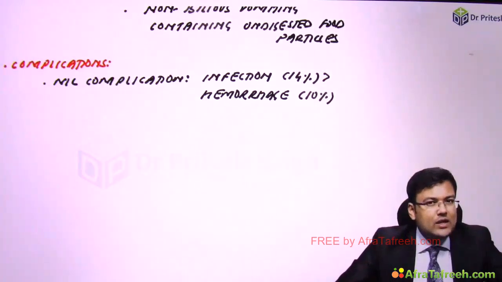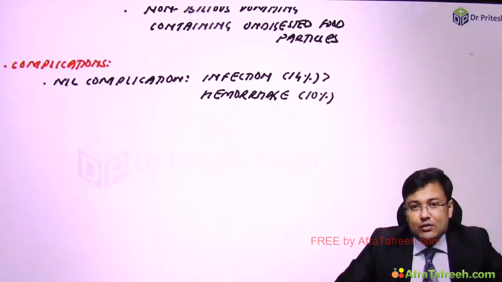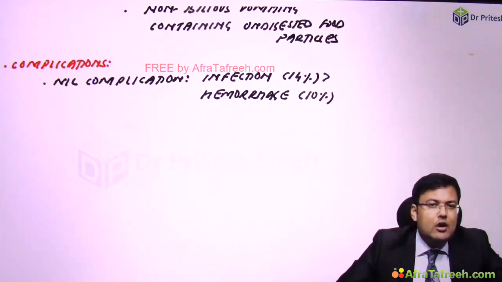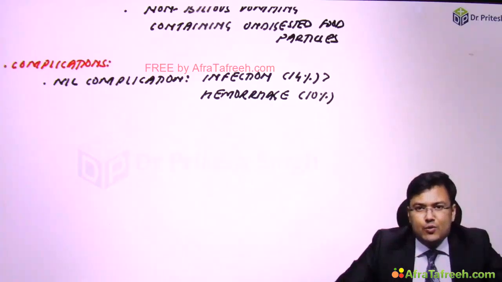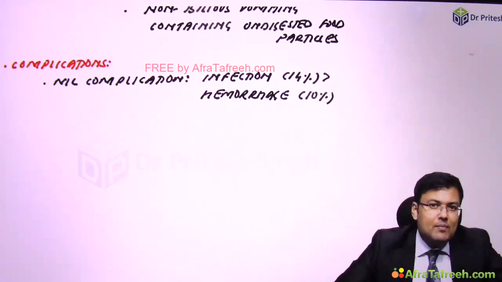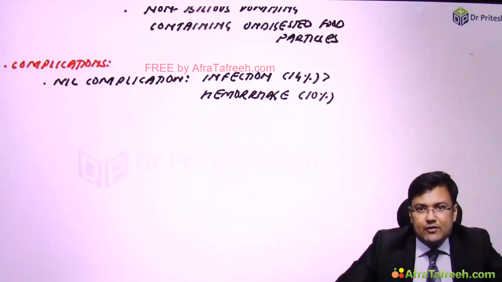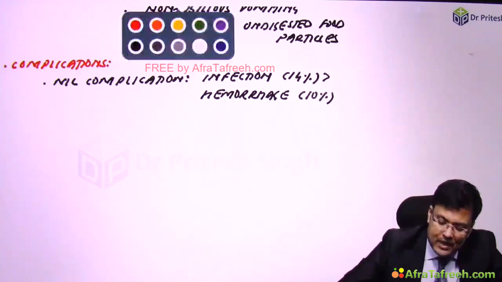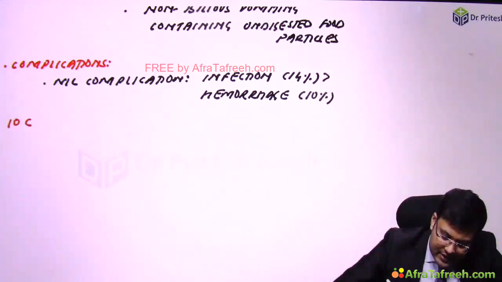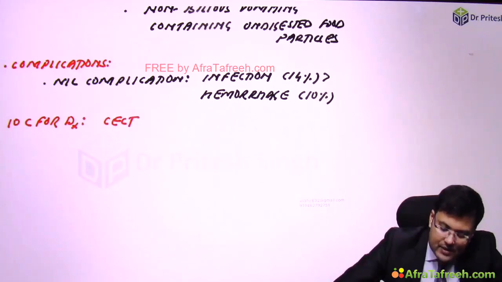Question is asked, what's the investigation of choice for diagnosis of pseudocyst? I told you, for most of the acute pancreatitis related complications, the investigation of choice for diagnosis is CECT. So here also, the investigation of choice for diagnosis is the CECT.